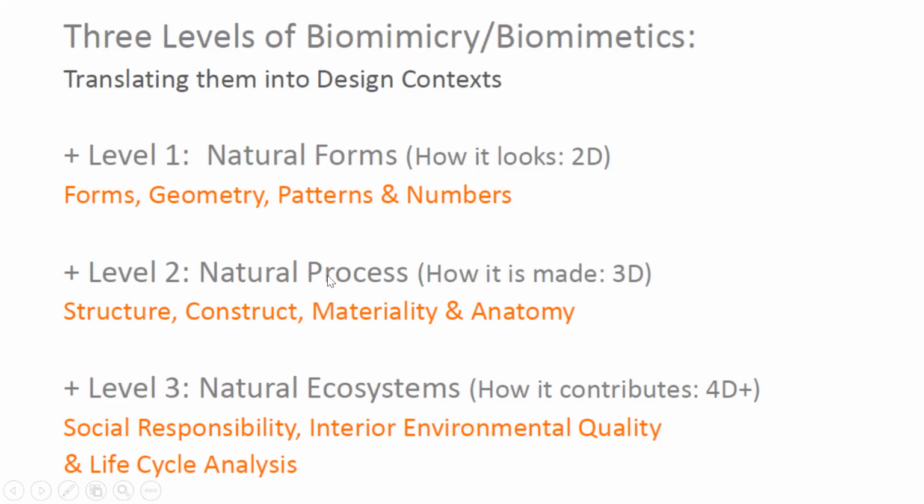The second is the natural process, the structure of it, the building, the construction, the type of material, and the anatomy. Level 3 is the natural ecosystems, how it contributes to social responsibility, the interior environmental quality, and life cycle analysis. For life cycle analysis, since we're not producing anything anyway, we're going to look at this one as we go through the slides.